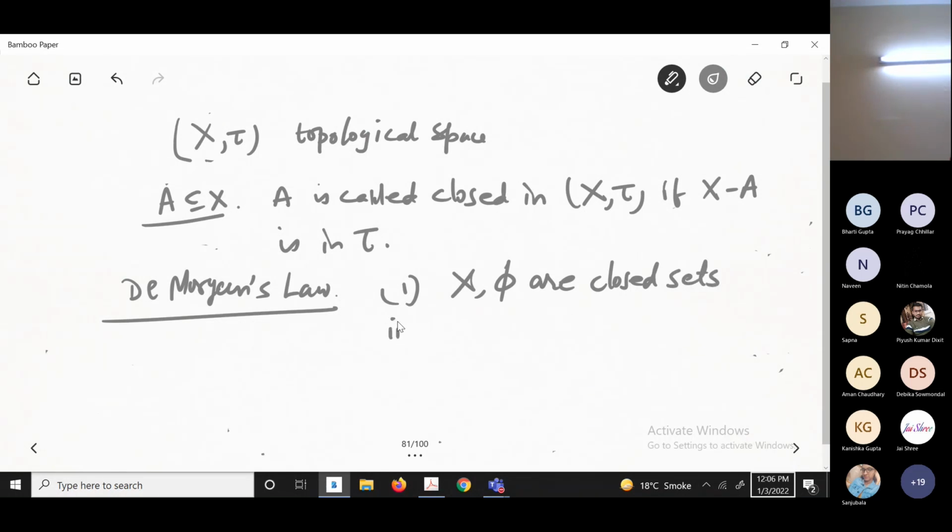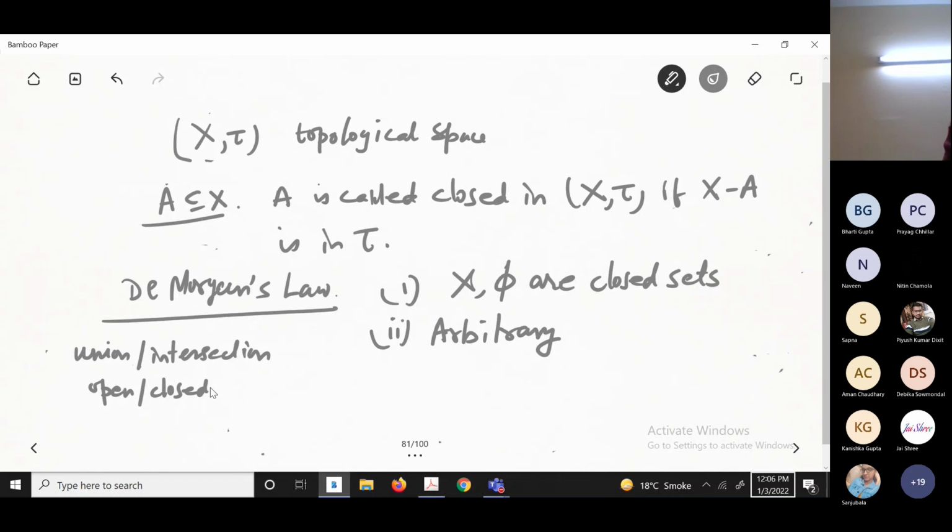Here, since I'm taking complement, what will come? I told you last time that between open and closed sets there is a relation like this: union, intersection, open, closed.